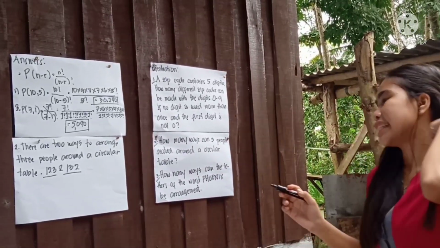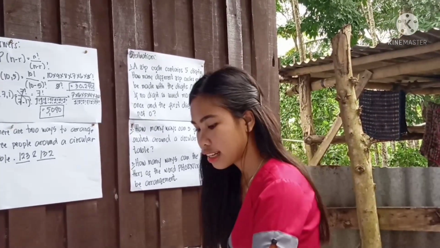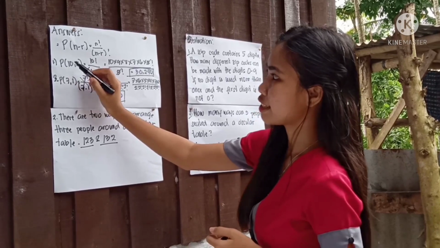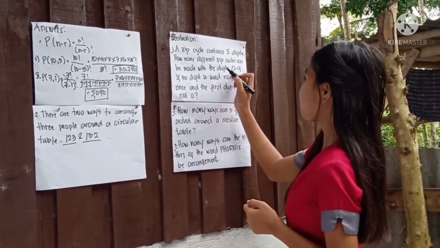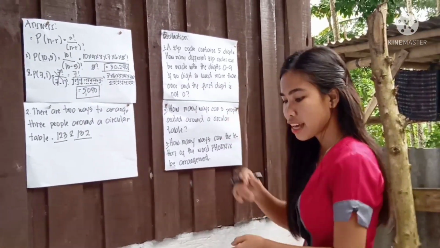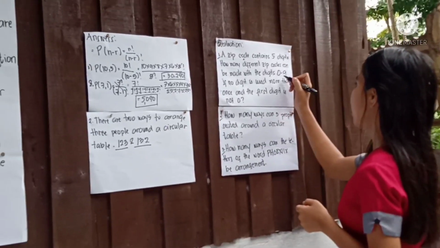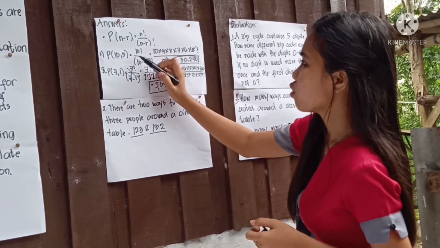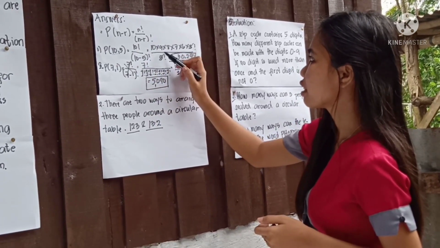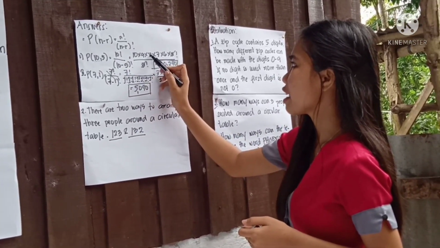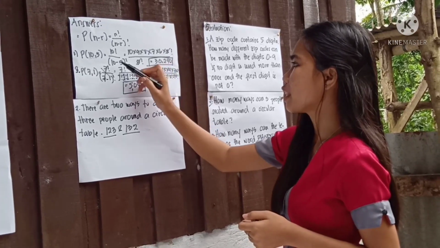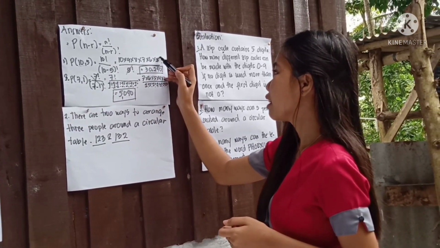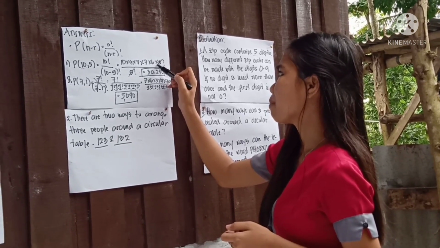So the total items in the set is 10, so you use the 10. And the items taken for the permutation is 5. So 10 factorial over 10 minus 5 factorial, so 10 times 9 times 8 times 7 times 6 times 5 factorial over 5 factorial. Cancel the 5 factorial in the numerator and denominator.